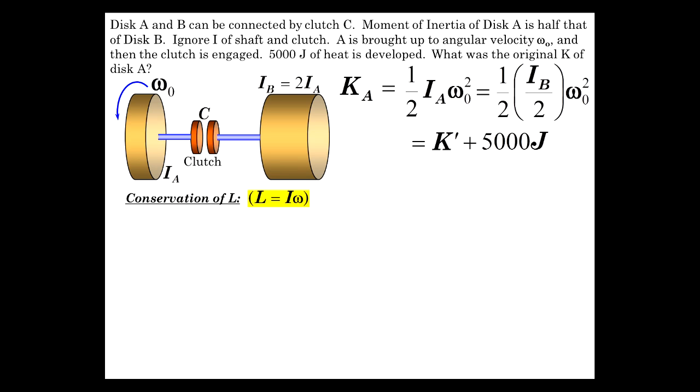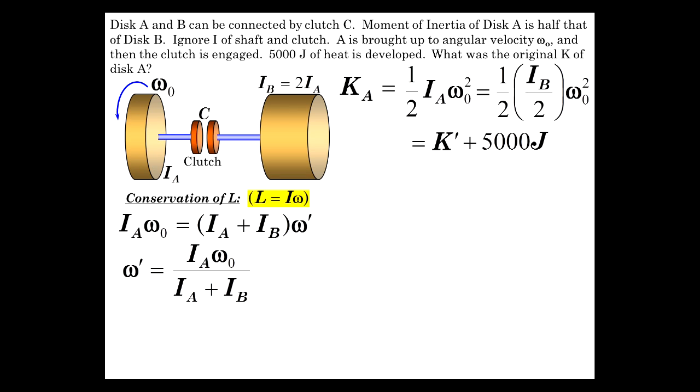Conservation of angular momentum: nothing is lost. L is equal to I omega, and that's going to be the same angular momentum afterwards. What it says is that IA omega 0 is IA plus IB times the new omega prime. Basically, you're combining the rotational masses, the moments of inertia. So omega prime is IA omega 0 over IA plus IB.